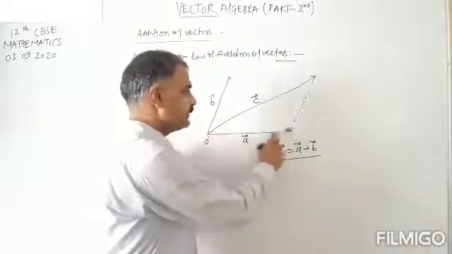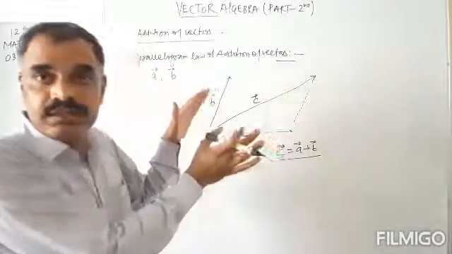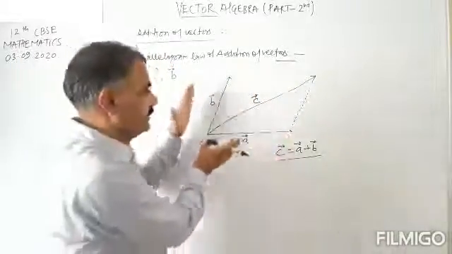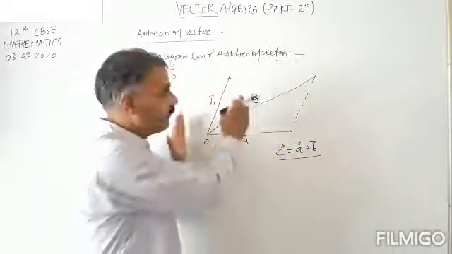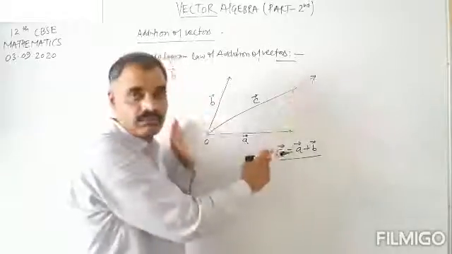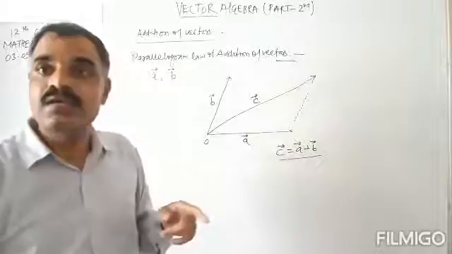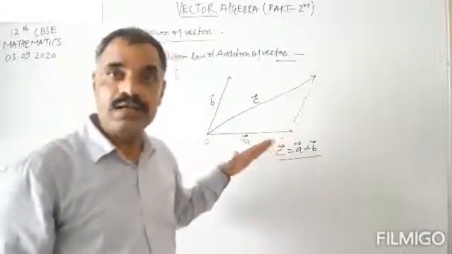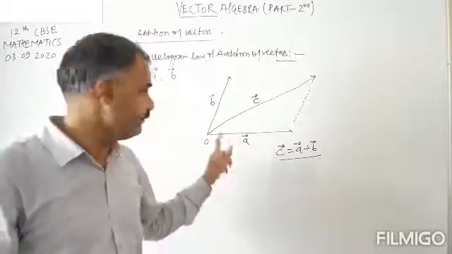A vector is this and B vector is this. If these are two vectors representing the adjacent sides of the parallelogram, then first of all we will form the parallelogram. Then the sum of these vectors A vector and B vector will be represented by the diagonal with the same initial point.